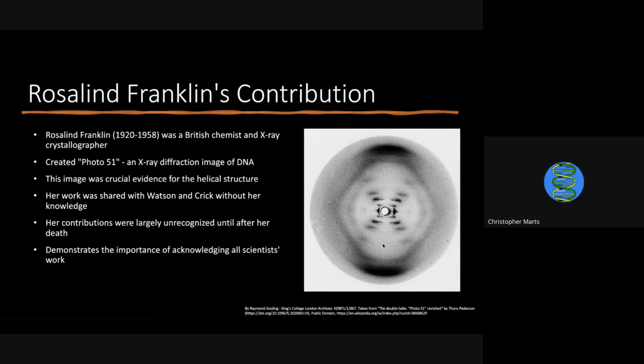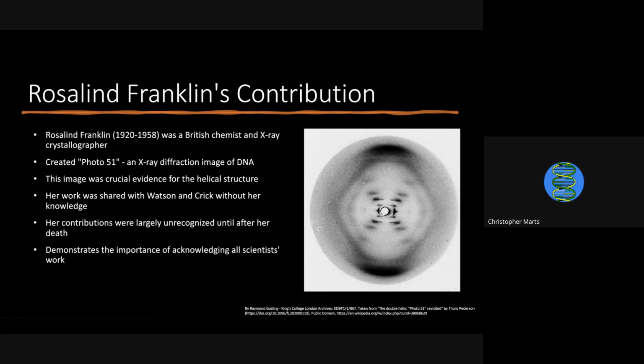DNA structure. Her work, these X-rays, ended up being shared with Watson and Crick, who used them to further their research. Rosalind Franklin was not aware that Watson and Crick were using those, or that they had been shared with them.